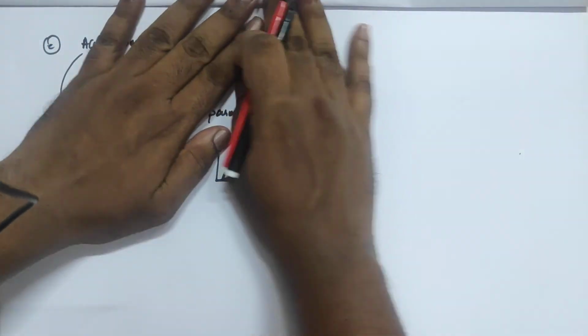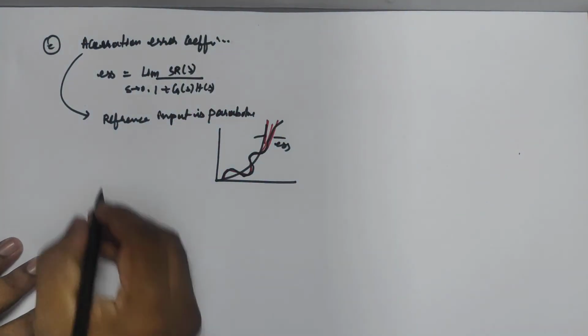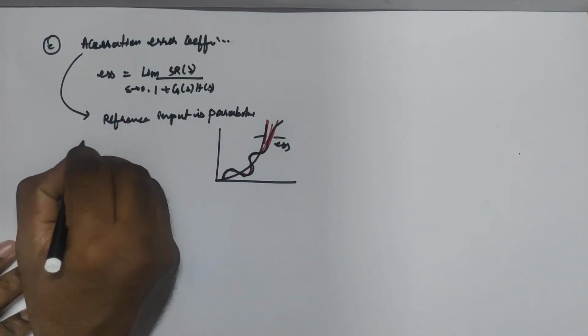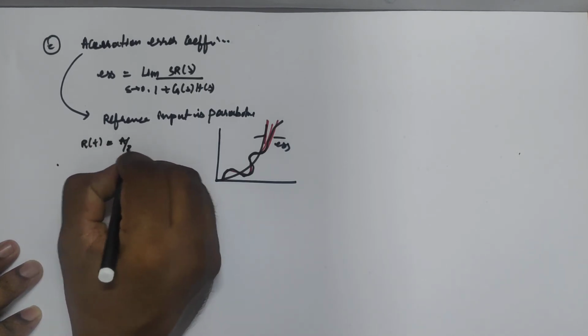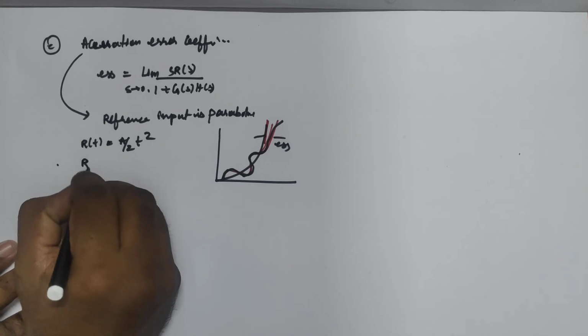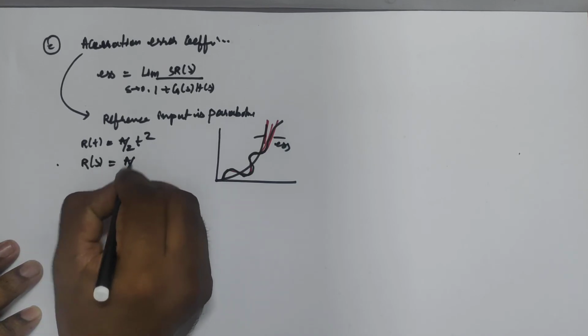So my reference input is parabolic. Then r(t) equals A by 2 t square, and R(s) is A by s cube.